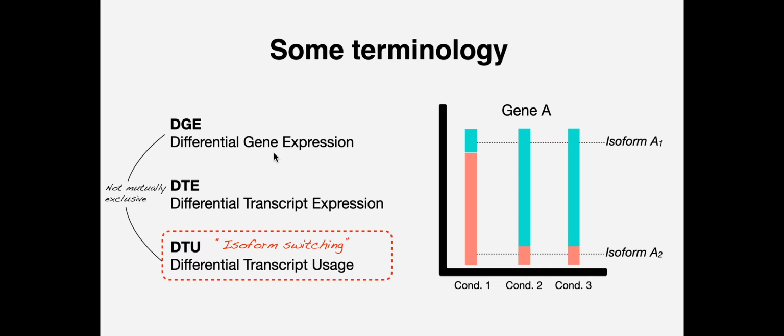And these concepts are not mutually exclusive, so you're not dealing with one or the other. I'll give you examples at the end of the lecture where you can have a gene that is differentially expressed, that has different transcript expression between conditions, and different transcript usage. And again, we'll root these in some real examples as we get further along in the lecture.